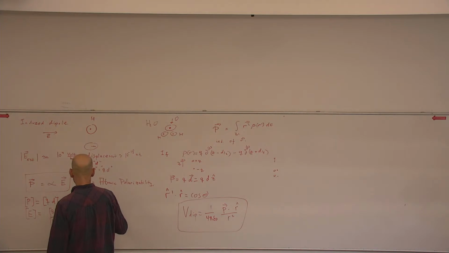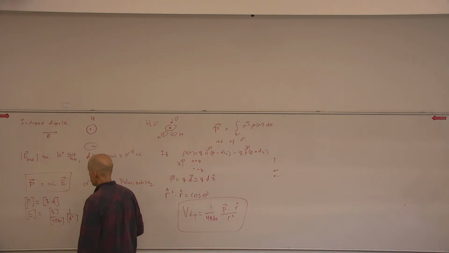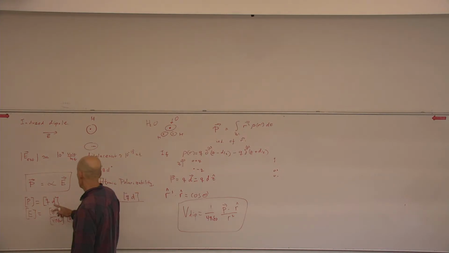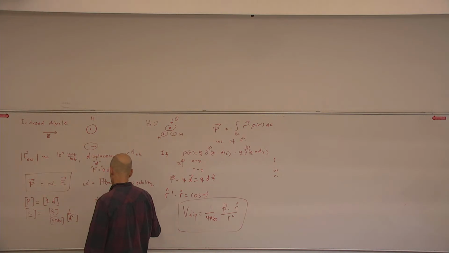I want alpha, which has units of P over E. That has units of QD over Q over 4 pi epsilon 0 D squared.